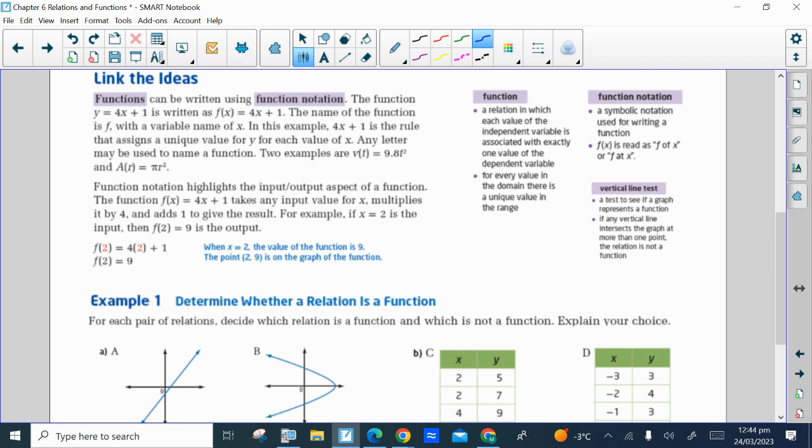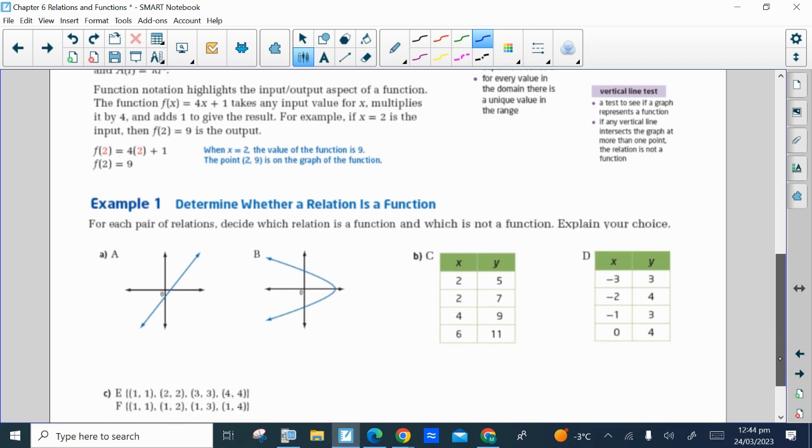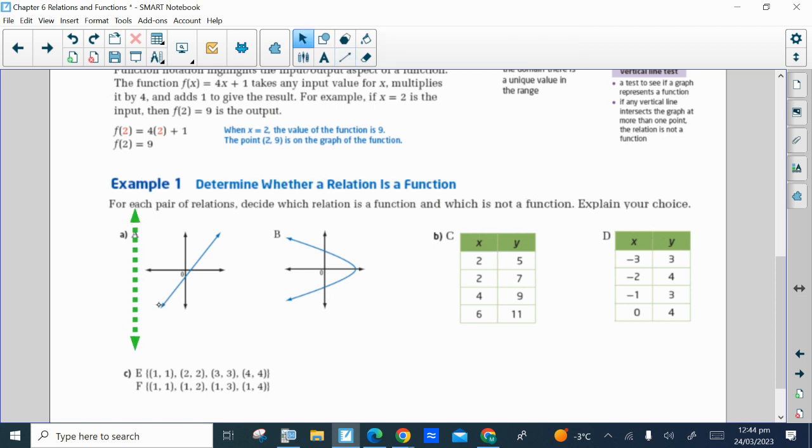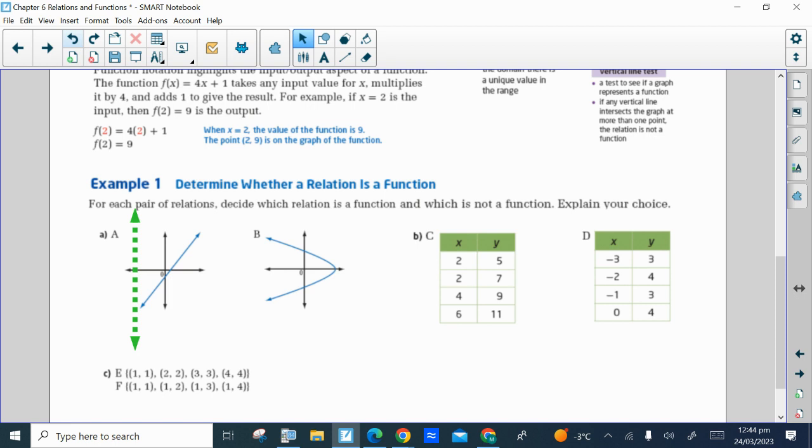So that first example says determine whether the relation is a function. And the first couple ones are graphs. And for graphs, we use the vertical line test. All you have to be able to do is find one spot where a vertical line touches the graph in more than one spot, and then you would say that is not a function. For that first one, no matter where you stop and drop that vertical line, it'll only cross the graph in one spot.